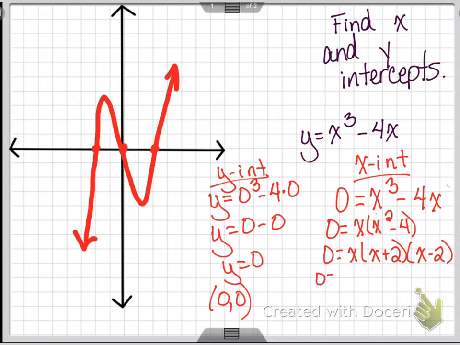Now I set each one of those factors equal to 0. And I solve. So I end up with x equals 0, x equals -2, and x equals +2.